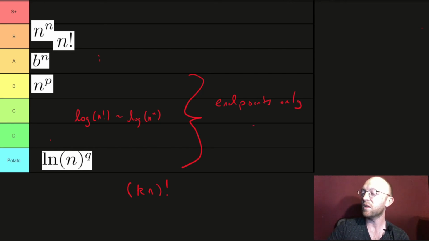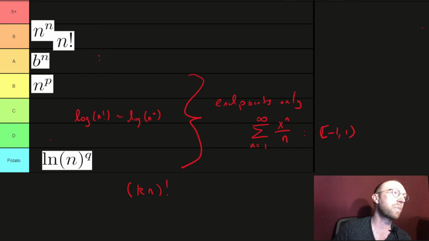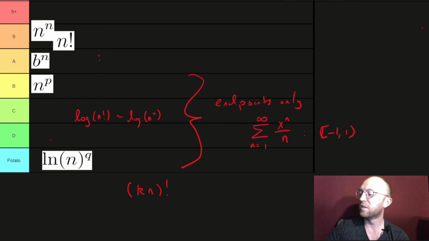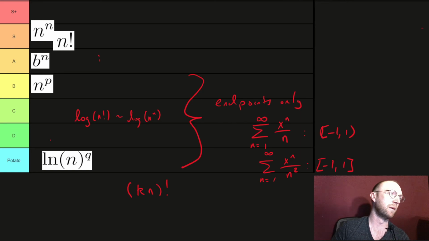If I have something like the sum from n equals 1 to infinity of x to the n over anything in the B tier, what's the interval of convergence there? It's going to be -1 to 1. The same for the sum of x to the n squared. It's going to be -1 to 1 inclusive. So it's going to impact the endpoints, but it's not changing my radius.